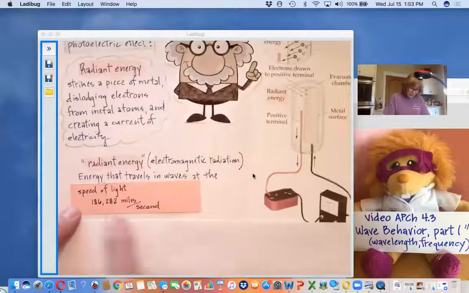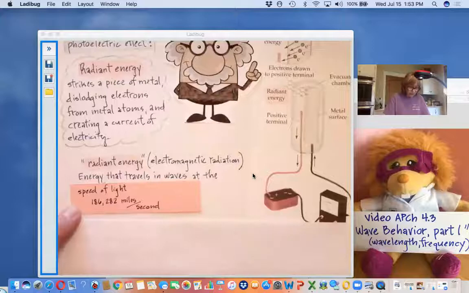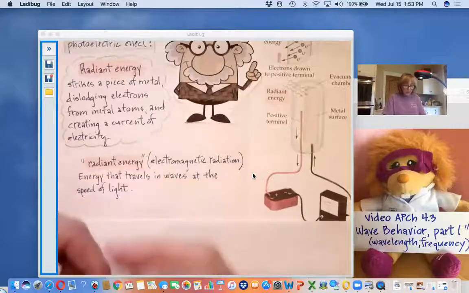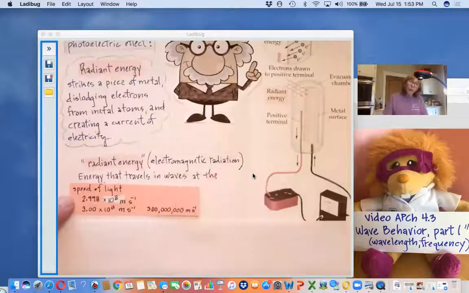Now that number, while it's helpful to us because miles per hour and miles per second is something we can sort of visualize, in our work in chemistry, we're not going to use those units. We're going to use the metric system, of course. So these equivalents are saying the same thing. 300 million meters, like a yardstick, 300 million meter sticks per second.